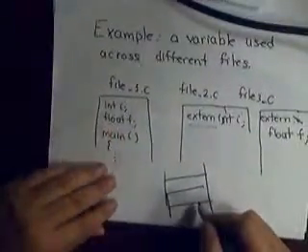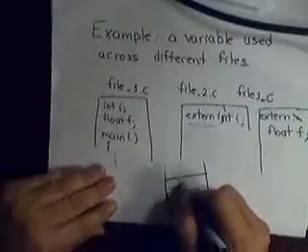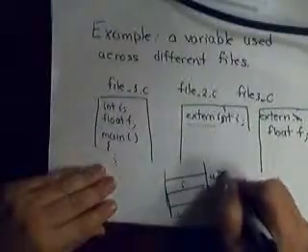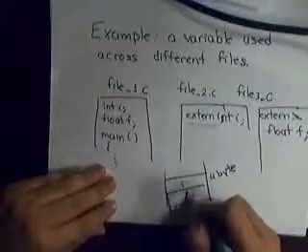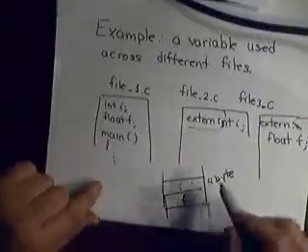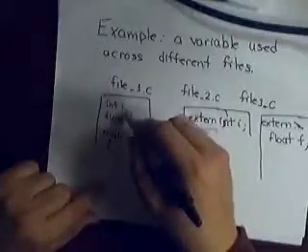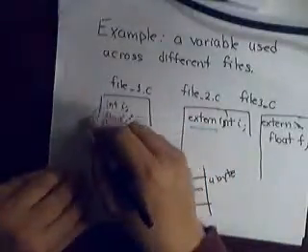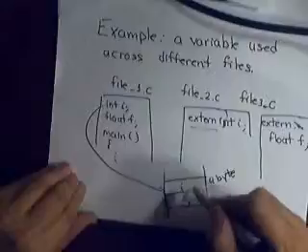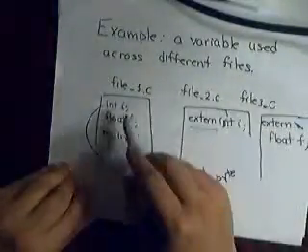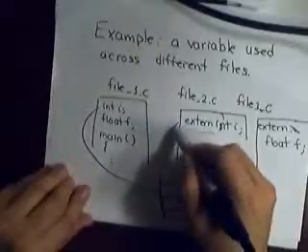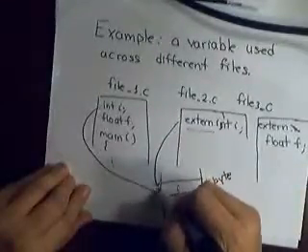To put it another way, if you have your memory, and let's say i is 4 bytes as we discussed before, and then you have f, which is also 4 bytes. Let's just go for i. In file1 and file2, i is going to refer to the same memory location.